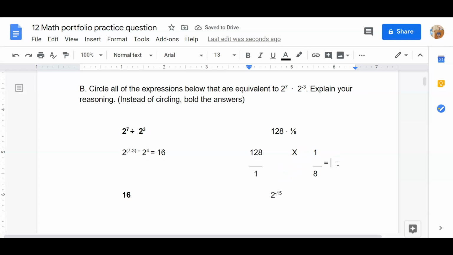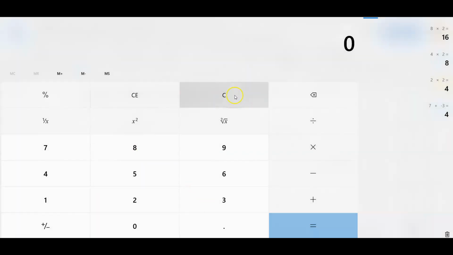So 128 times 1 is 128. And 1 times 8 is 8. And you're left with 128 divided by 8. Let's see what that's going to equal. 128 divided by 8. 16.